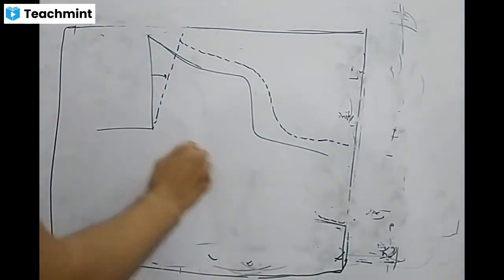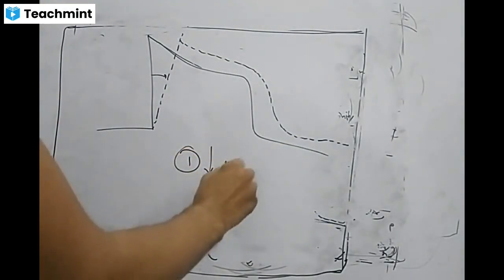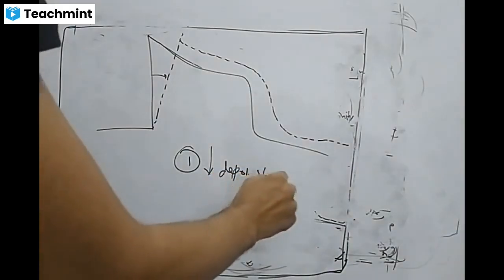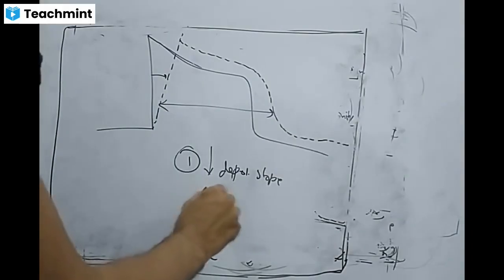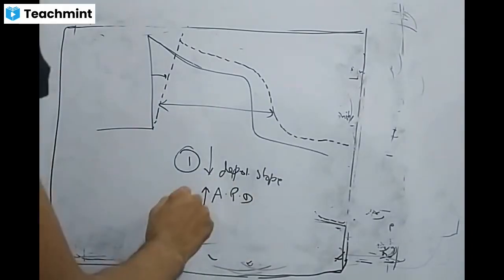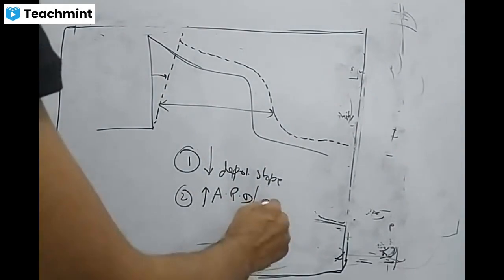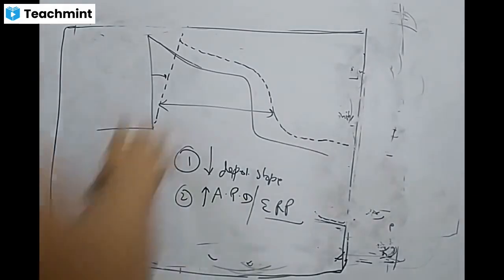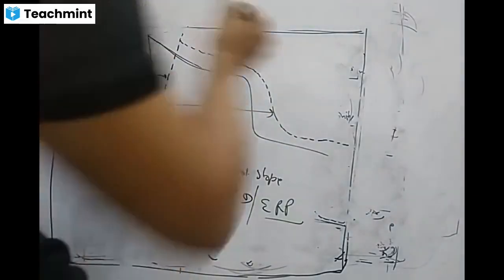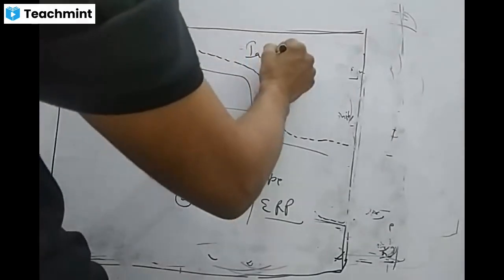So two things: they decrease the depolarization slope, and we increase the action potential duration, also known as the refractory period (ERP). So this is the effect of class 1A drugs.